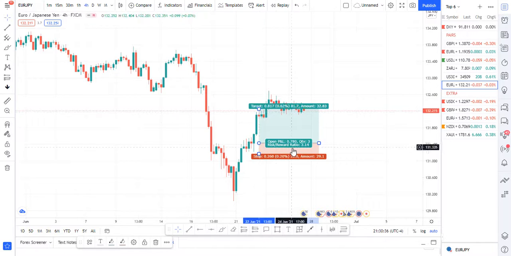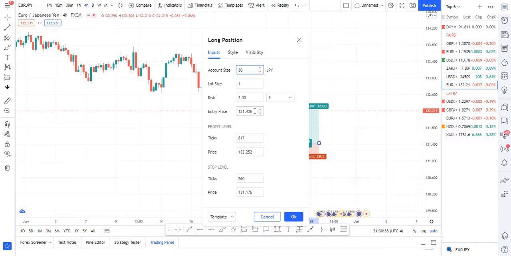So the first one, it hit my TP. I'm going to just go do it here for you. 131, 132, 132, 221, profit.